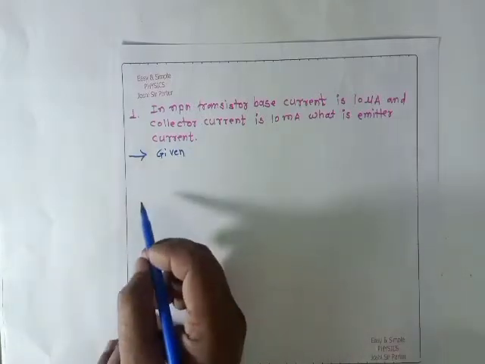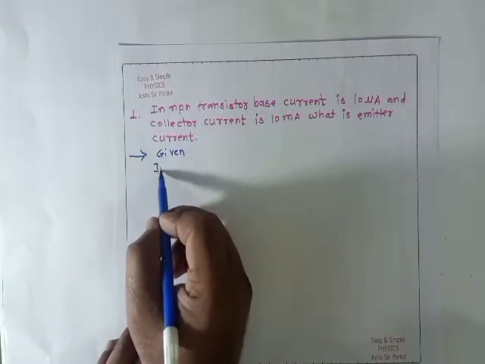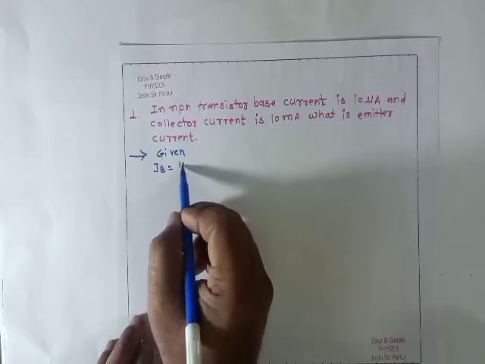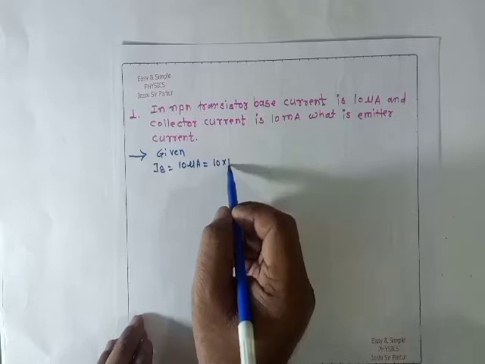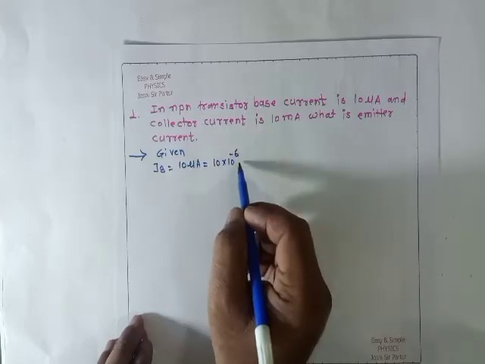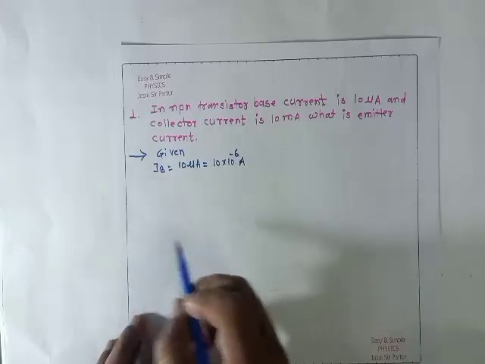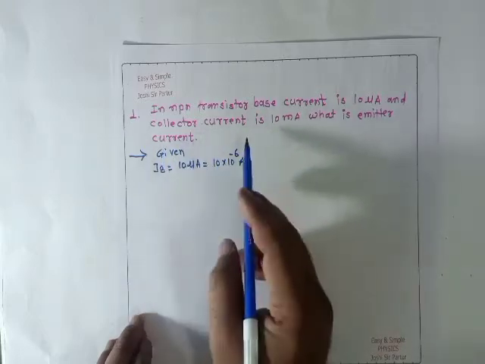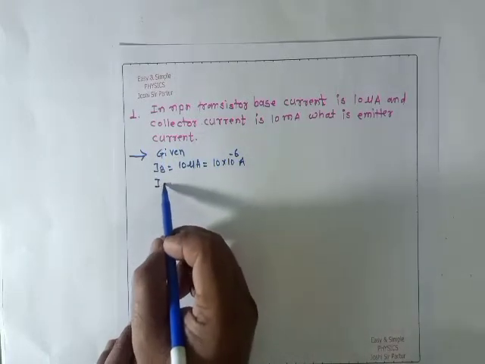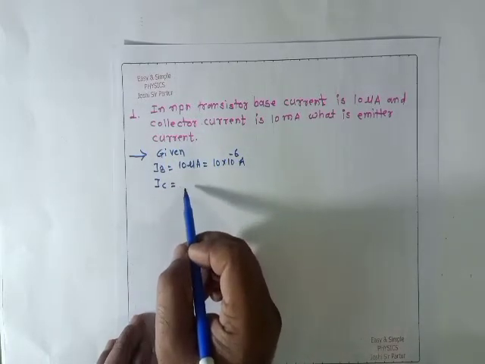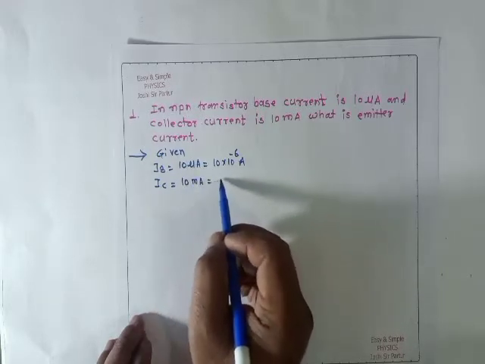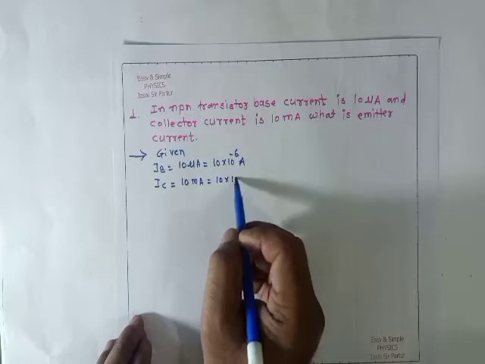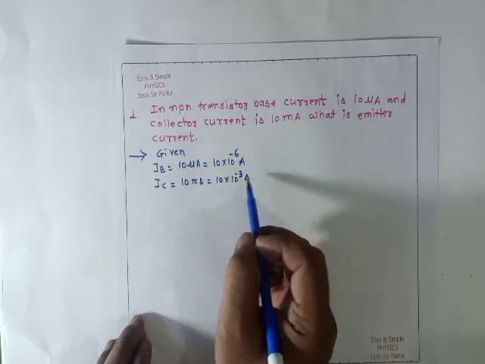So given, base current IB is equal to 10 microampere, means 10 into 10 to the power minus 6 ampere. And collector current IC is equal to 10 milliampere, means 10 into 10 to the power minus 3 ampere.